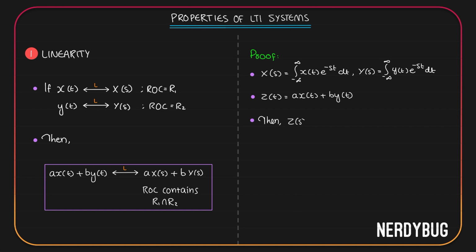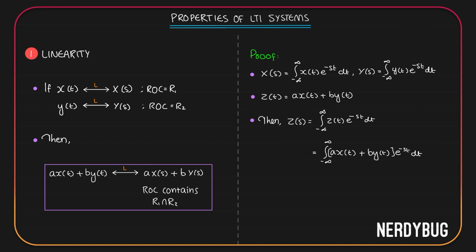Z of s is equal to integral from minus infinity to infinity z of t e raised to minus st dt. But z of t is ax of t plus by of t. So this is integral from minus infinity to infinity ax of t plus by of t e raised to minus st dt.